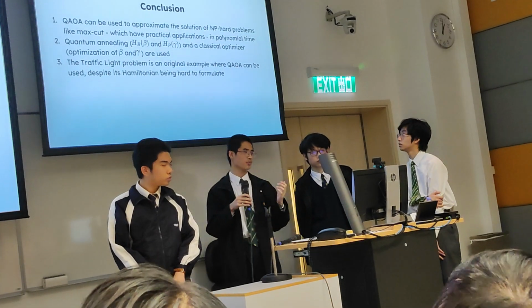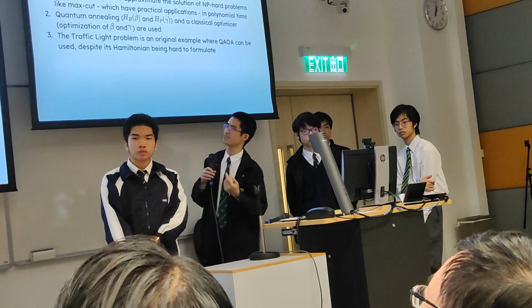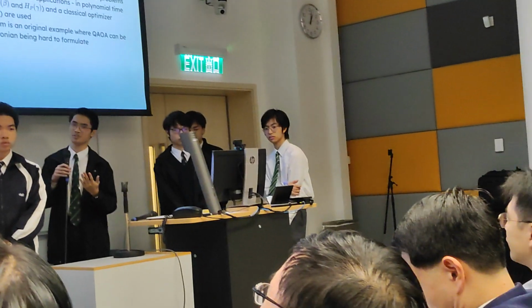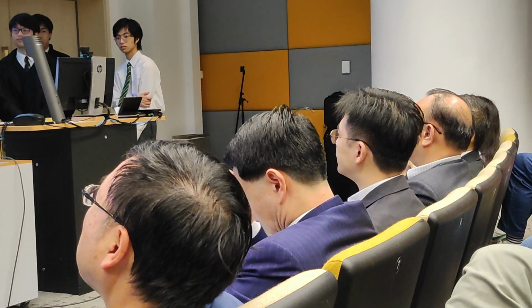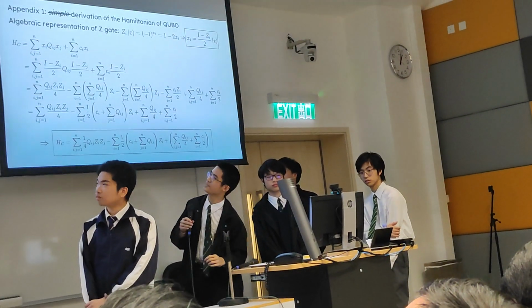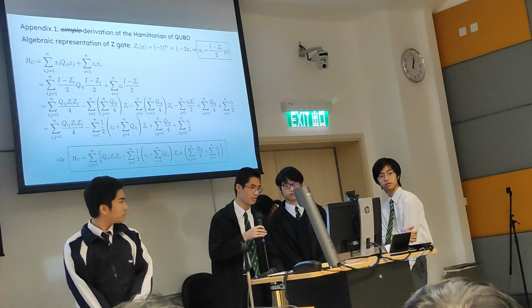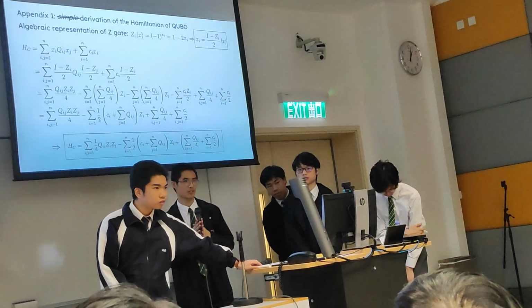We have also come up with an original example where QAOA can possibly be used, but its Hamiltonian is rather difficult to compute. There is also a simple derivation of the cost Hamiltonian from our previous slide. With that out of the way, this is the end of our presentation, and we thank you for your attention.